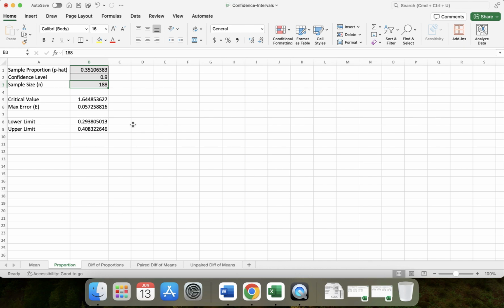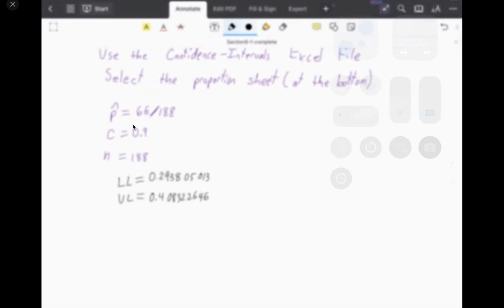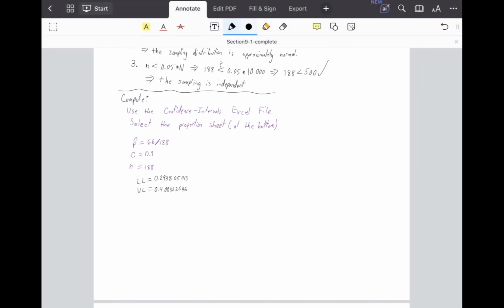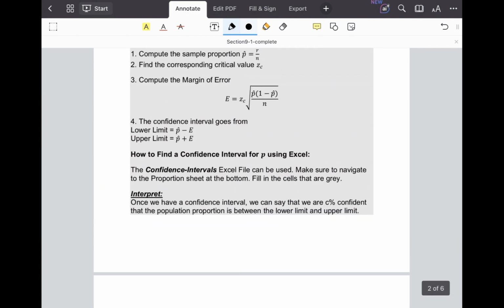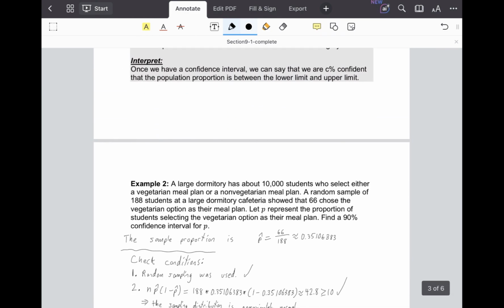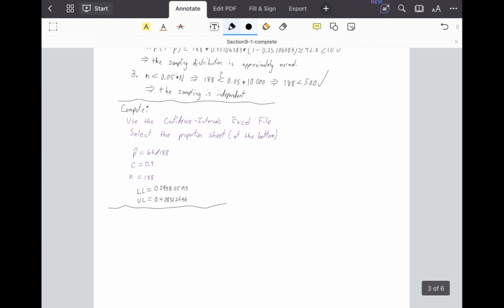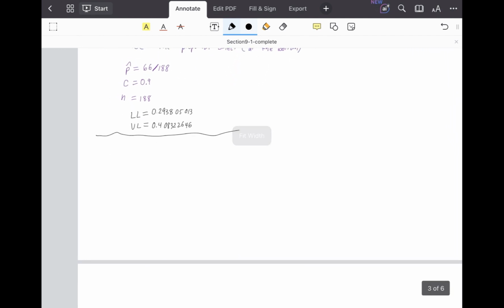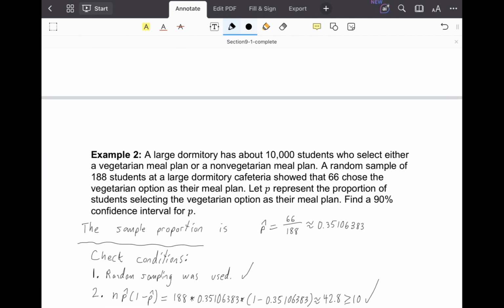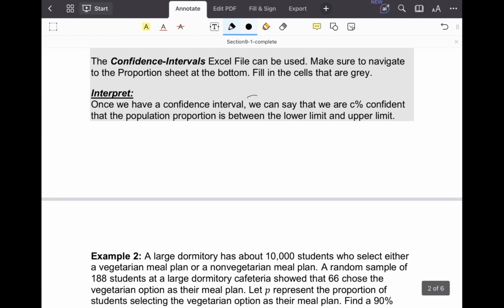Okay, so now the last part, we have to interpret what's going on. And you can use as a reference what we have up here. And I'm just going to say, maybe even use this language here.